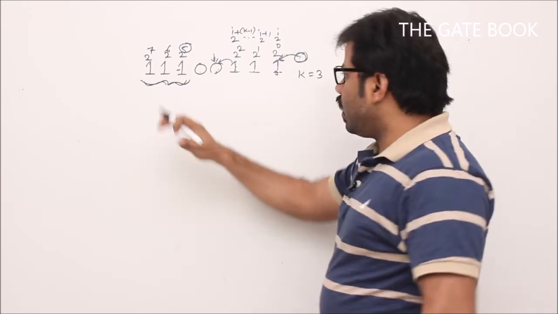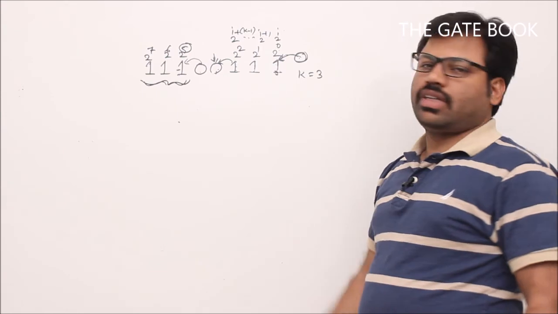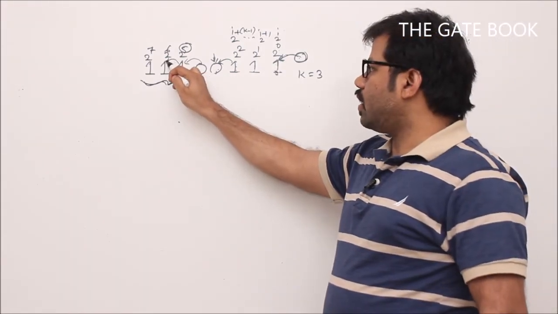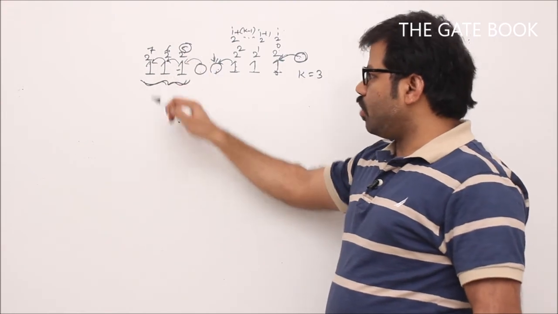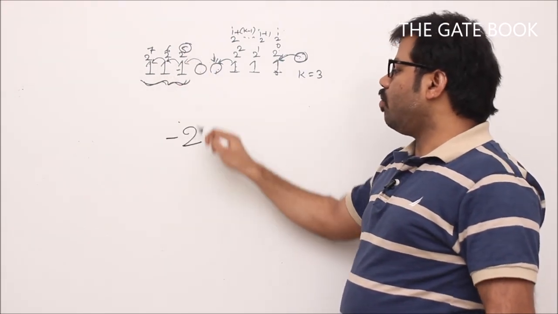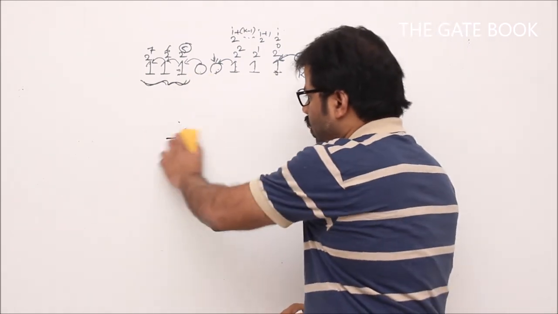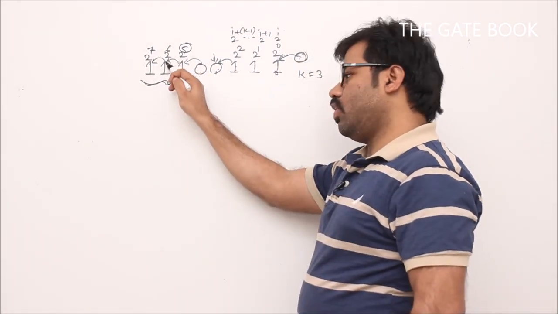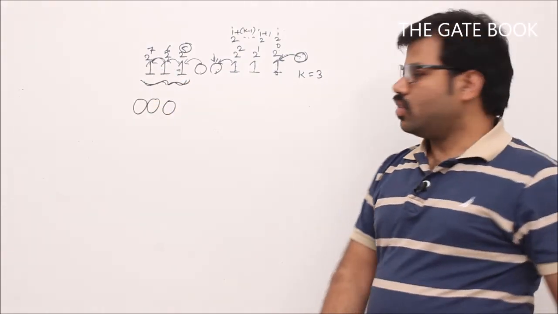In our Booth's multiplication also, whenever you see 0 to 1, we write minus 1, correct? After that, whenever there is a transition 1 to 1, 1 to 1, we do not write anything, because that entire thing is simplified to only one term, minus 2 to the power of I. That's why here we write minus 1 in the conversion. Now for the remaining, 1 to 1, don't write anything, 1 to 1, don't write. That means simply write zeros. So that is the story.